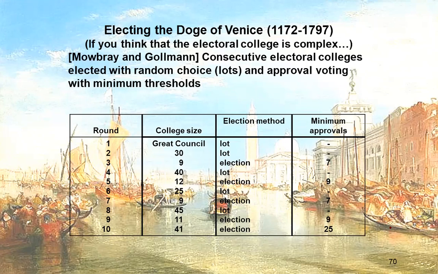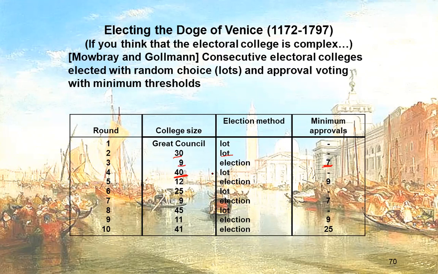And the election method used approval voting at different stages, but it was very weird. If you take a look at this, first we start with the Great Council, all the richest families, and by lot, so randomly, 30 of them are elected. Then out of those 30, we elect randomly 9. And then by approval voting, with the minimum number of 7 approvals, those 9 electors elect the college of 40 people.